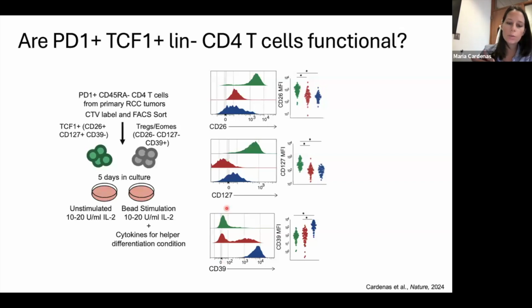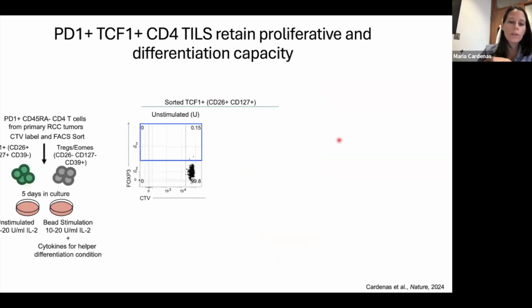And so we can sort these populations and place them in culture under different conditions. And so we can put them under unstimulated or bead stimulation. This is just your normal CD3, CD2, CD28 stimulation with the additional cytokines that usually polarize cells towards different lineages of CD4s.